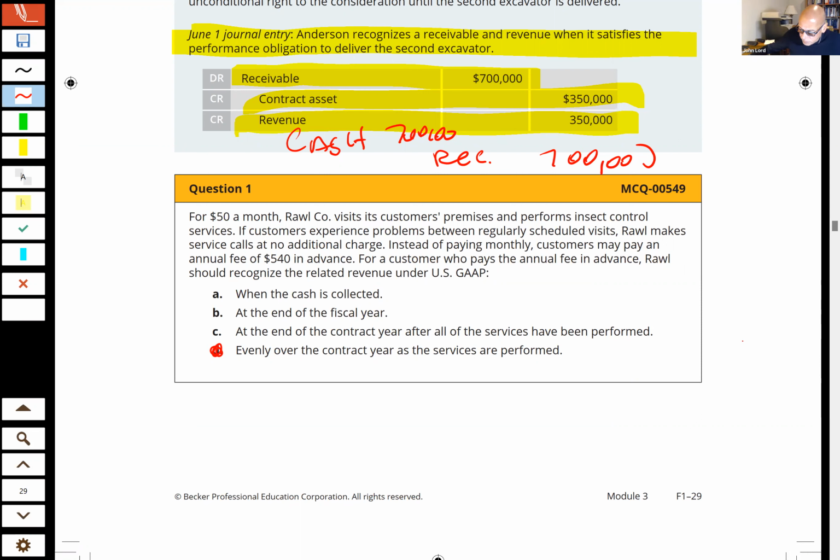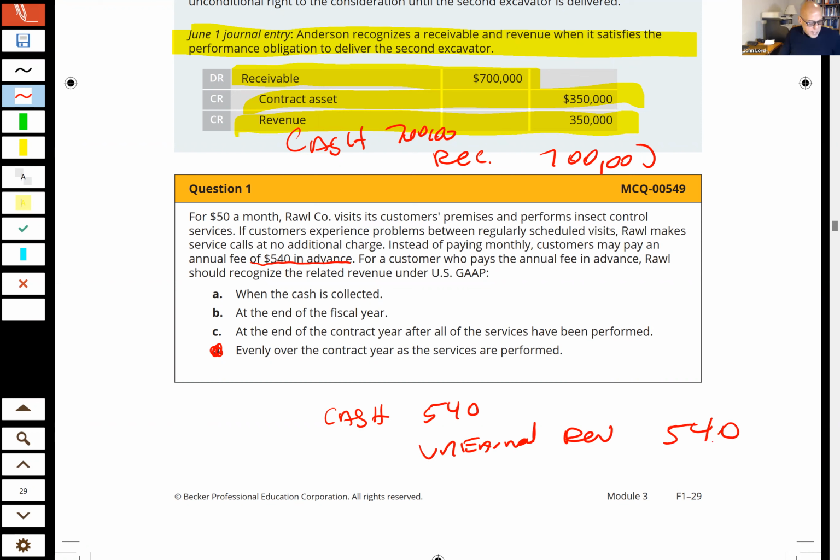Most of us got it right, but as you take a look at this one now, they say you could pay $540 in advance, and then as they provide the service each month, that will cover each monthly charge. So you debit cash for $540, with unearned revenue of $540.